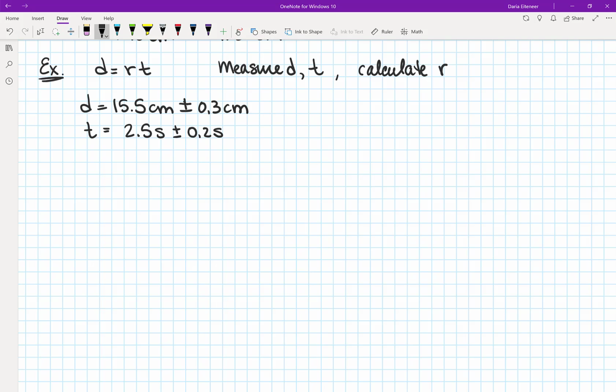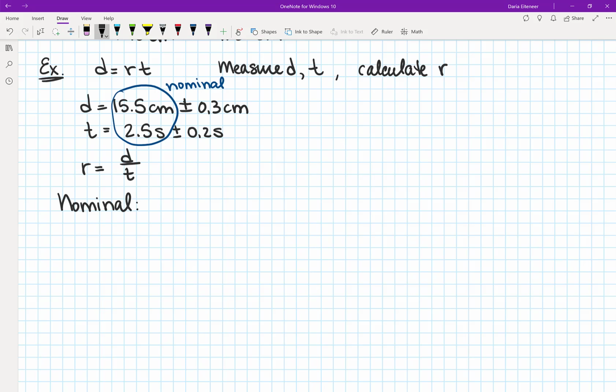Well, when we're making a calculation, obviously R is going to be distance over time. That part is simple enough. What we all know how to do is to calculate what's called a nominal value. So nominal value would be calculated from the actual measurements. So these are also called nominal values.